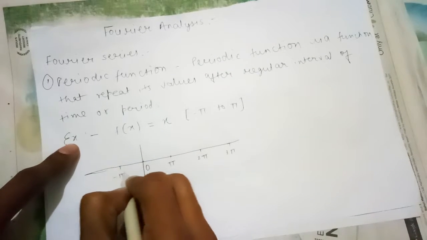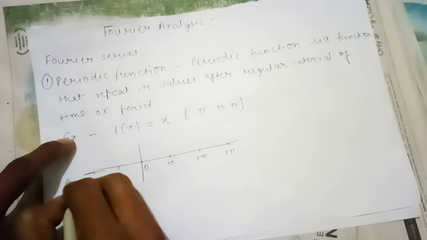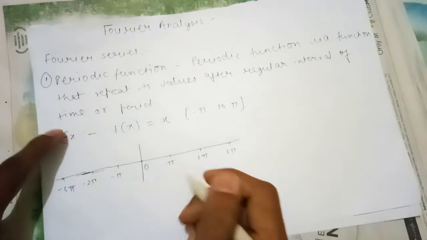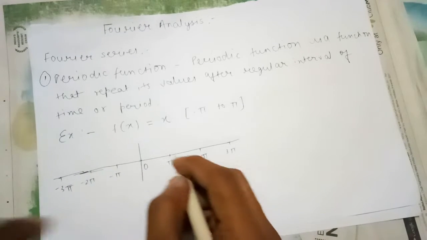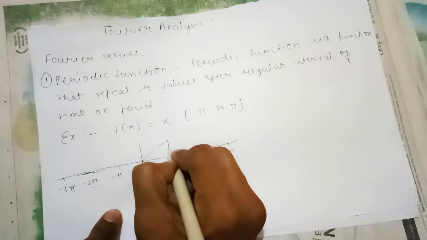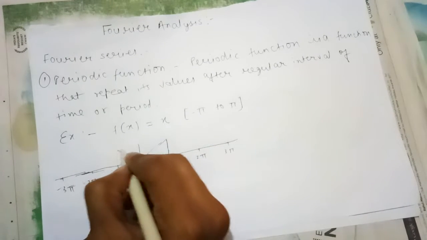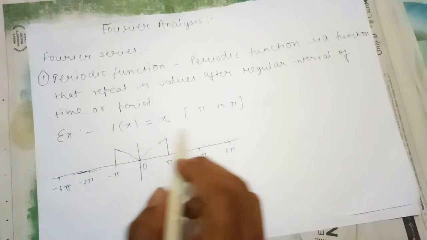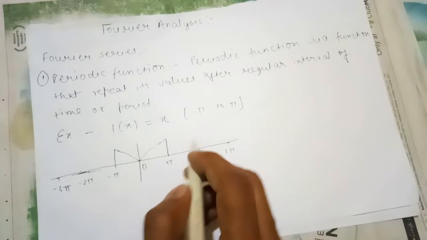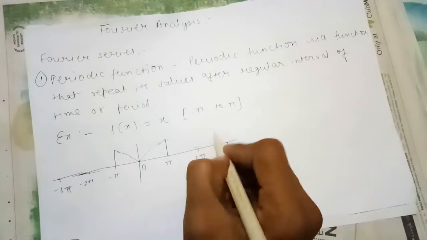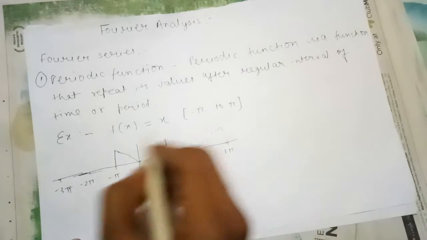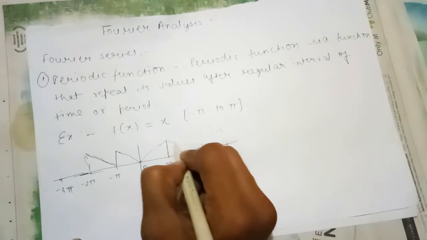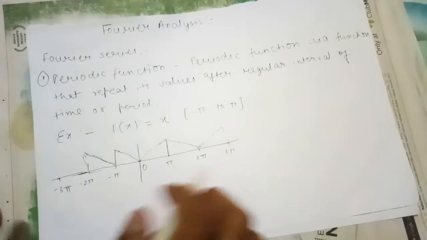And here minus pi, minus 2 pi, and minus 3 pi. A periodic function repeats its values after a regular interval, so after pi to 2 pi it will repeat its interval, likewise 2 pi to 3 pi, and so on. So this is a periodic function.